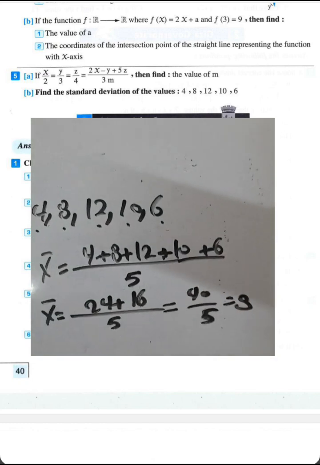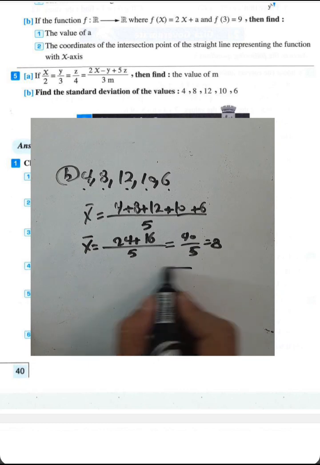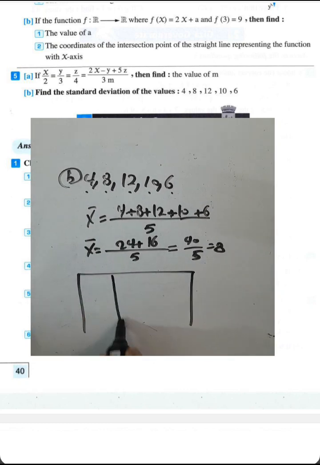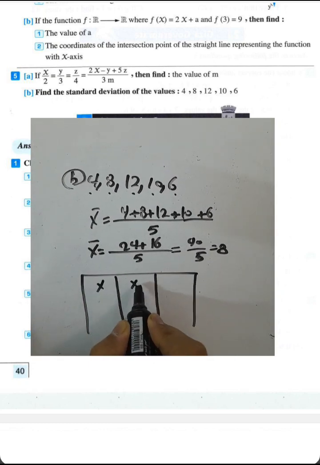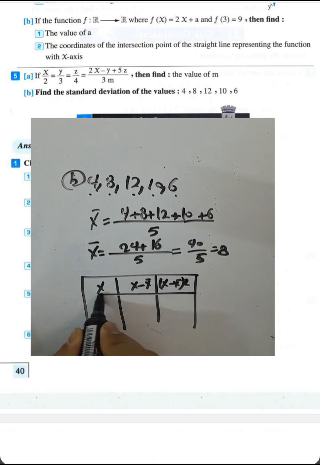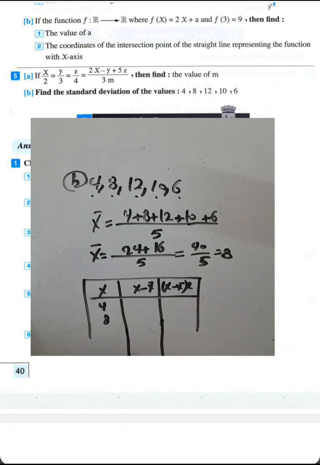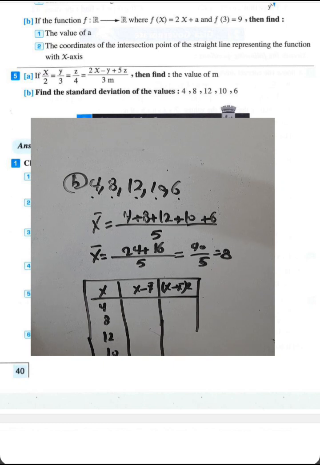Then 8 here is x bar, the mean, and then draw the table, divided into three parts: x, x subtract x bar, and x subtract x bar all power 2. Right here 4, 8, 12, 10, and 6.